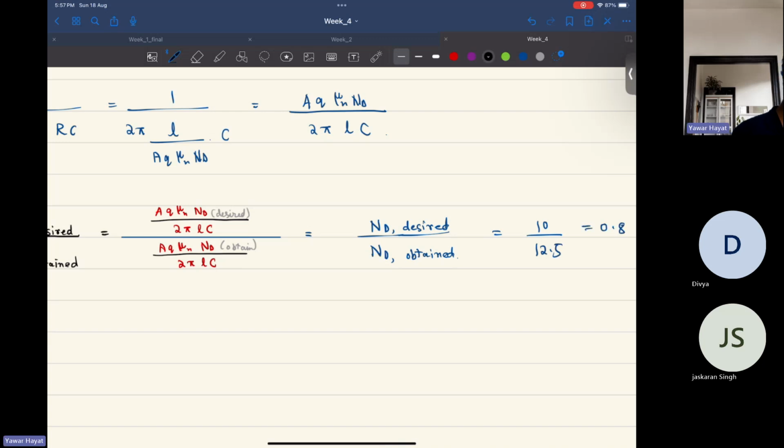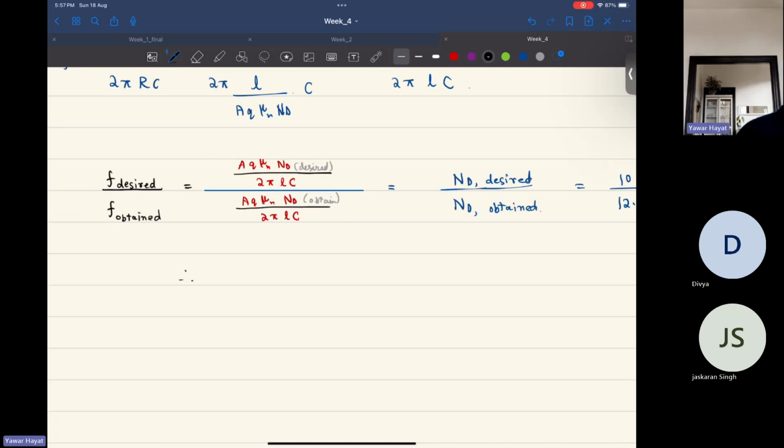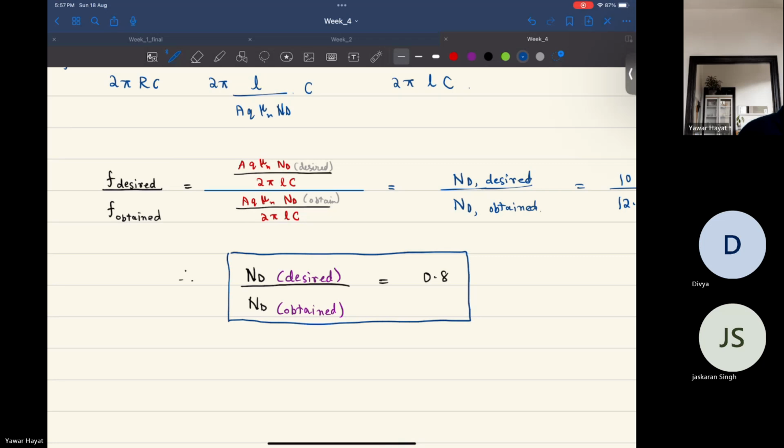So therefore, your ND desired by ND obtained is equal to 0.8. This is the answer.